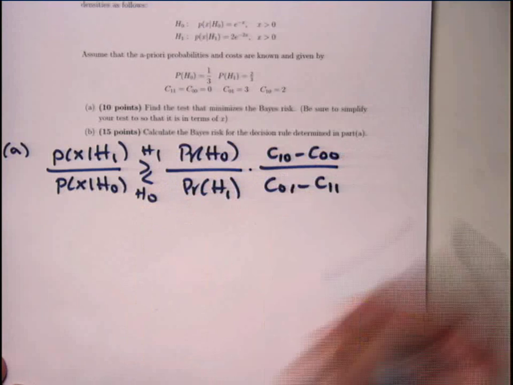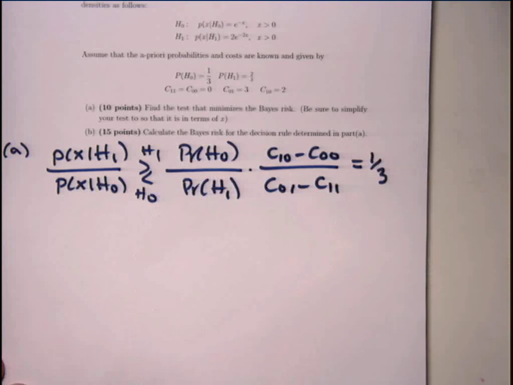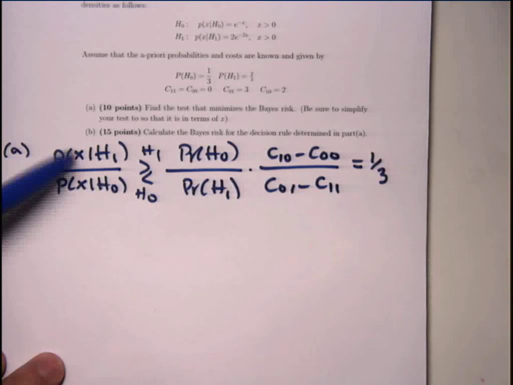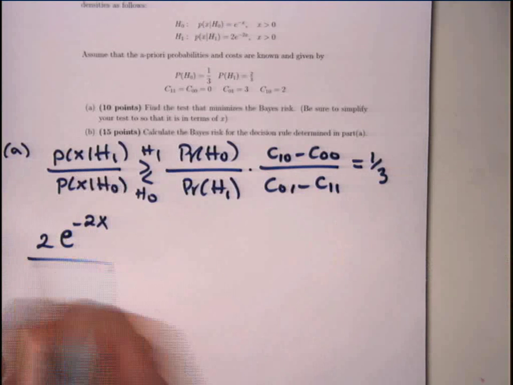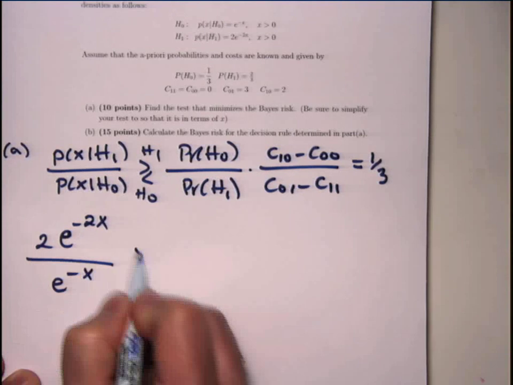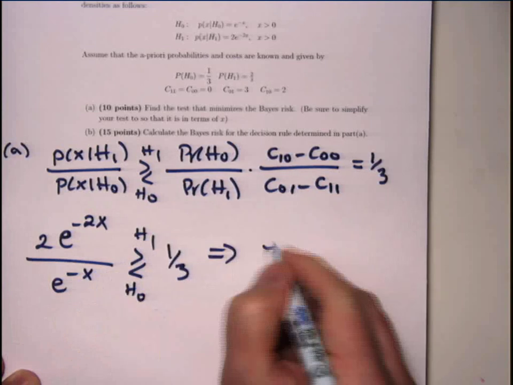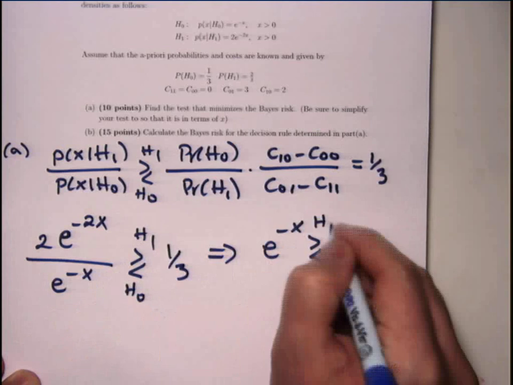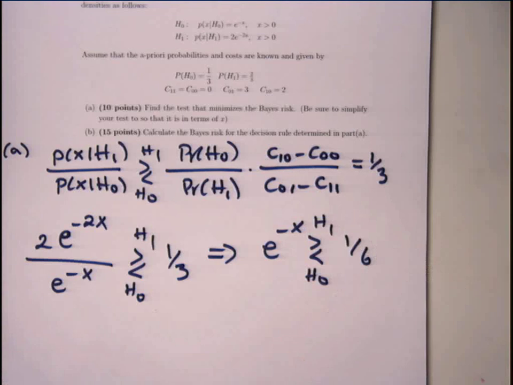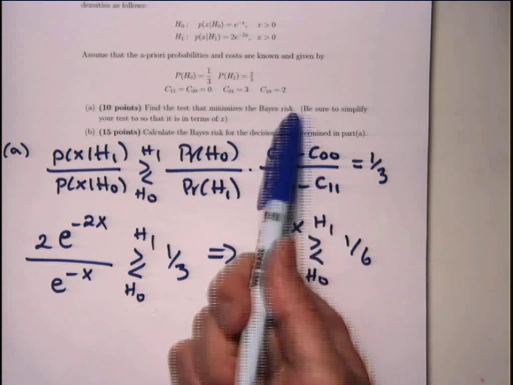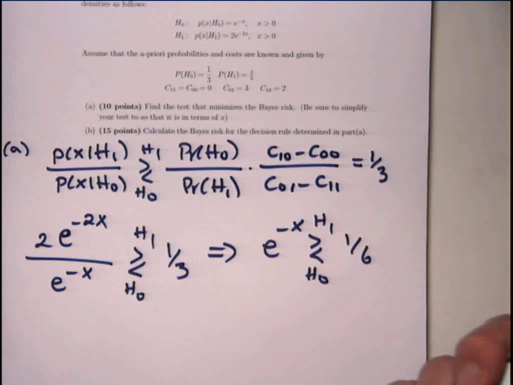You plug all of these things in, and this right-hand side turns out to be equal to 1/3. And what about the left-hand side? Well, the numerator is 2e to the minus 2x, and the denominator is e to the minus x. You're comparing these to 1/3, and therefore you have e to the minus x being compared to 1/6. Now I was very specific here, and I said be sure to simplify your test so that it is in terms of x as much as possible.